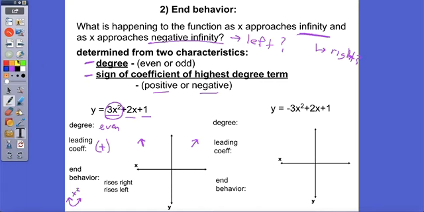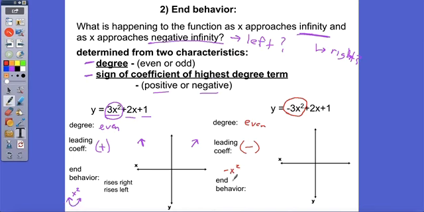Okay, second problem. So we look at our highest degree term among these 3. It's this first one again. Our degree is even, which is 2. Leading coefficient this time is negative. Notice that's different than this one. And the end behavior is going to match the end behavior of negative x squared, rather than positive x squared. If you remember from our transformation unit, all a negative out front does is flip our parabola upside down.